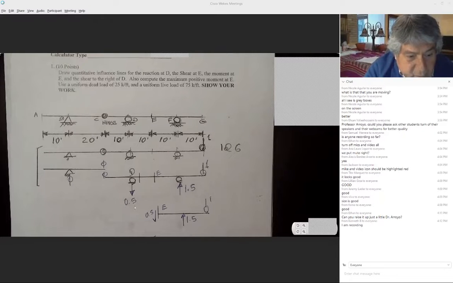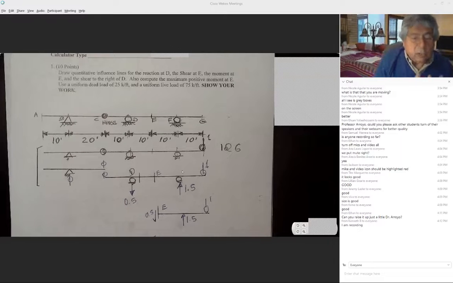It gave me that this is 0.5 going down to have equilibrium. Moment produced by this force about this point has to be equal and opposite to the moment produced by this unit load about the same point. So it came at 0.5 and summation of forces in Y, 1.5 going.